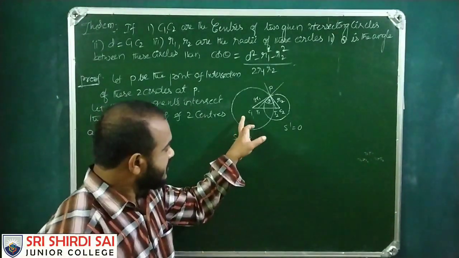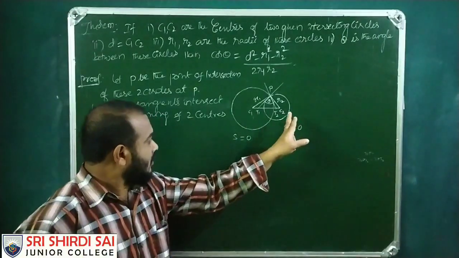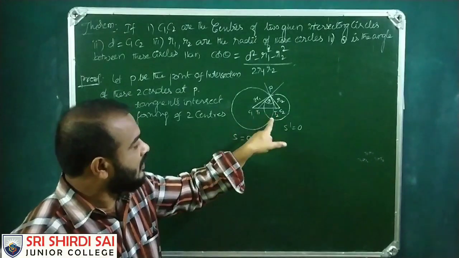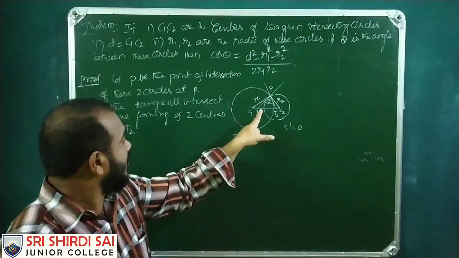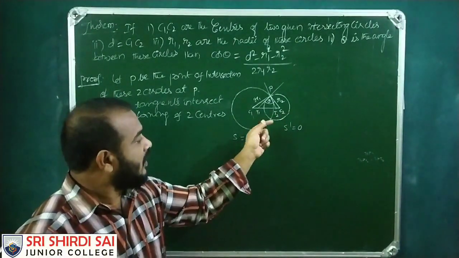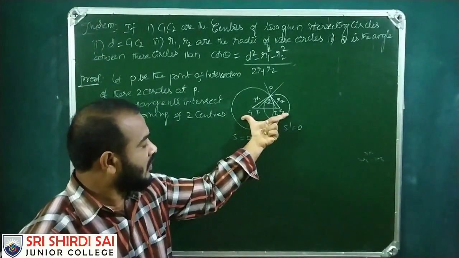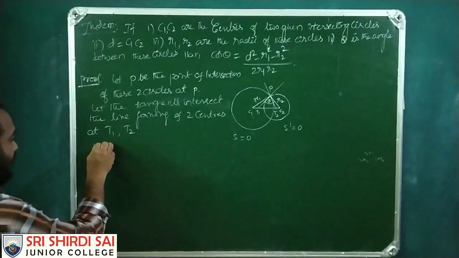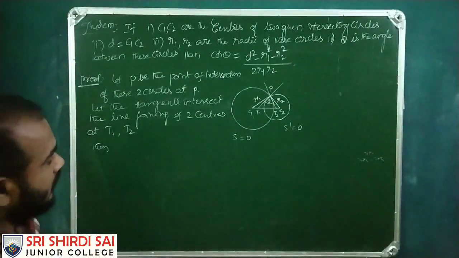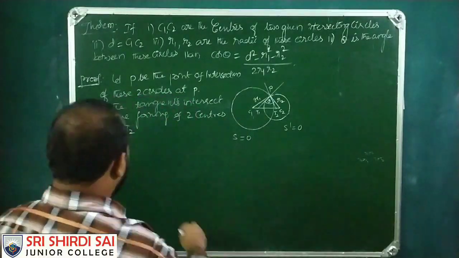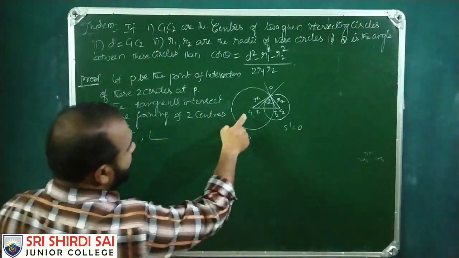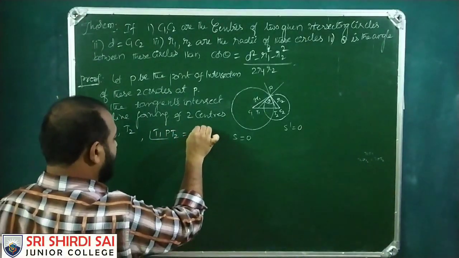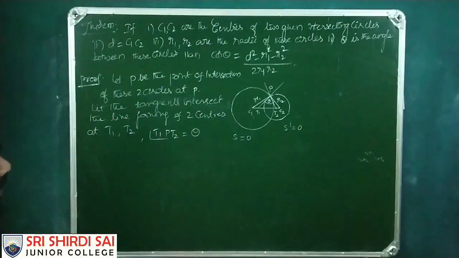So C1, C2 are the centers of these two circles, and T1, T2 are the points lying on the line joining the centers C1 C2. Then here angle T1 P T2 is equal to theta, which I have taken.